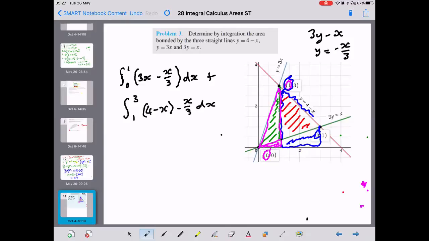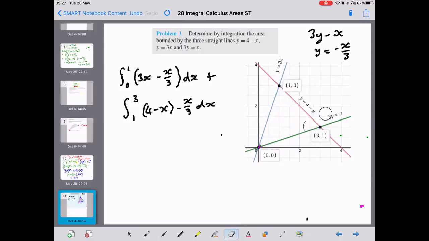So that's a bit muddled with all my colors, let me just take my colors off there. You can follow them on the video if you need it. So we're finding two areas.